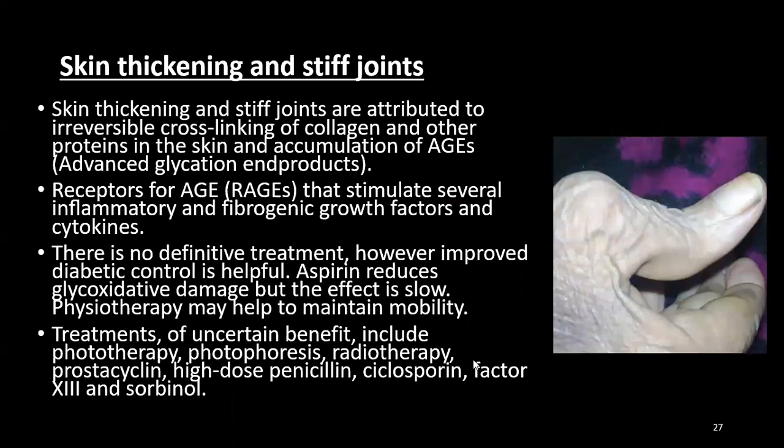Skin thickening and stiff joints. Thickening of the skin and stiff joints is attributed to irreversible cross-linking of collagen and other proteins in the skin and accumulation of glycosylation-related products, with receptors for AGE that stimulate several inflammatory and fibrogenic growth factors and cytokines.